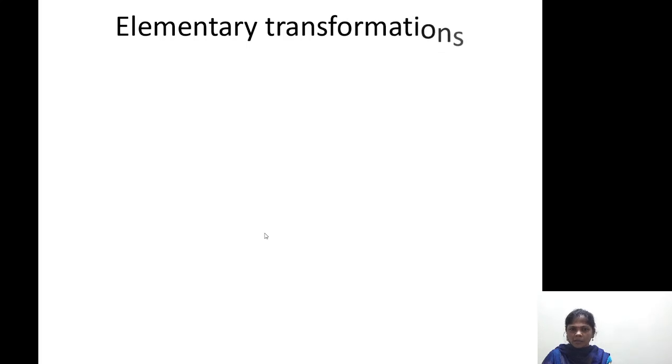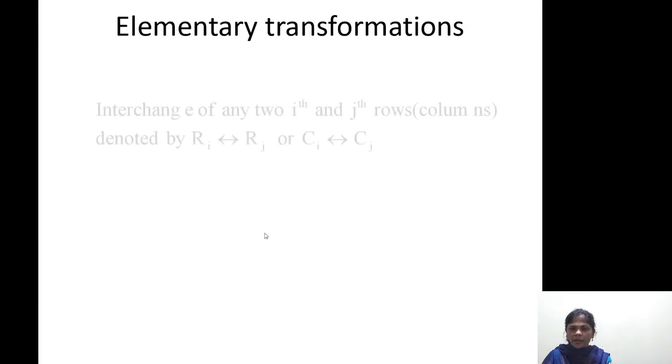This method of evaluating the rank of a matrix becomes tedious for higher order matrices. So let us opt for another method which needs elementary transformations. The elementary transformations involve operations on the rows and columns.